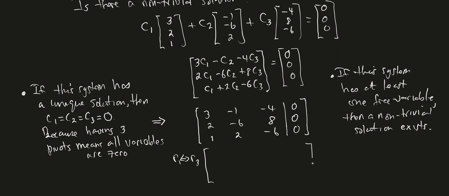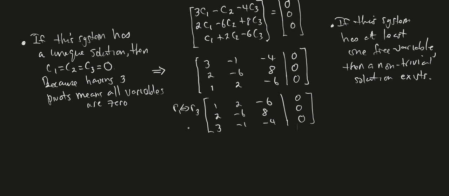and that puts the 1, 2, -6 in the top row. And then the 2, -6, 8, 0 stays in the middle, and then the 3, -1, -4 goes in the third row, right? So now let's go ahead and use our process of Gaussian elimination. So I'm going to take -2 times row 1 added to row 2, and then -3 times row 1 added to row 3, right?